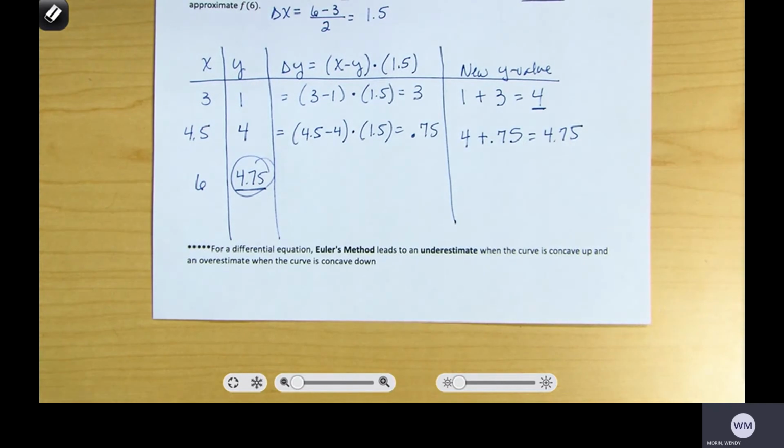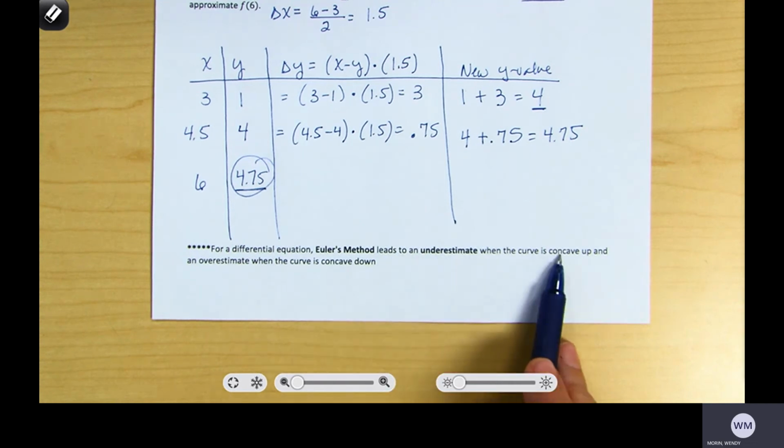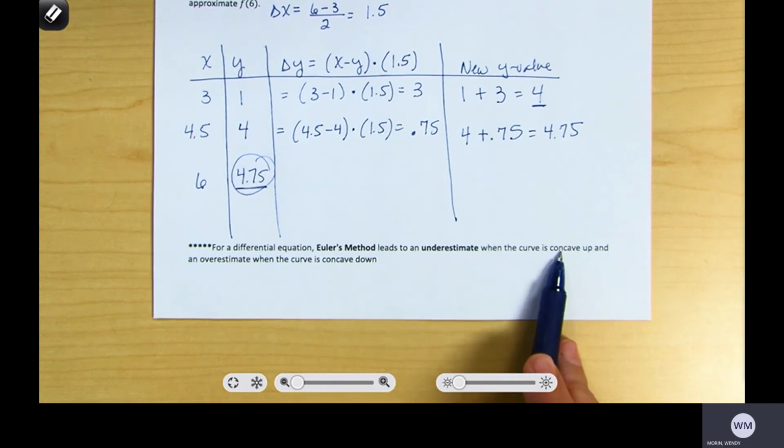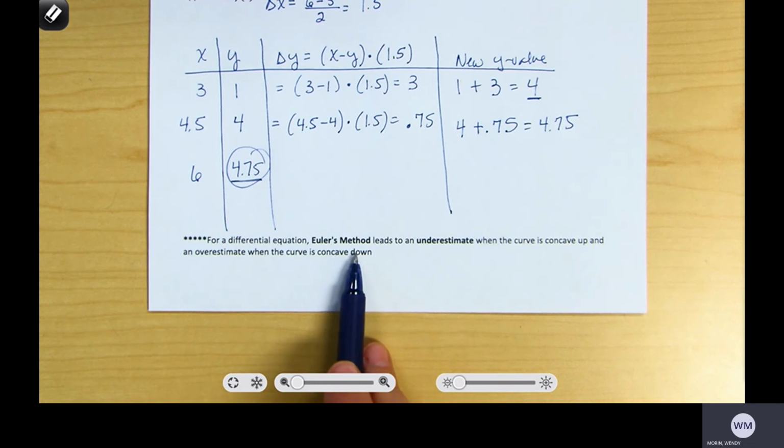Okay. Now, some of the questions that they may ask you is they may ask you if it's an underestimate or an overestimate. And again, if you watch the video, you would know that you have an underestimate if your curve is concave up, and you have an overestimate if your curve is concave down.